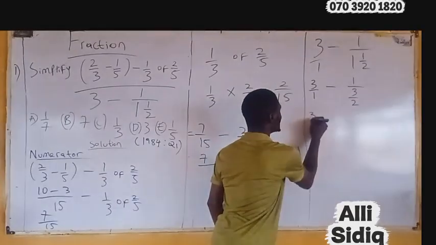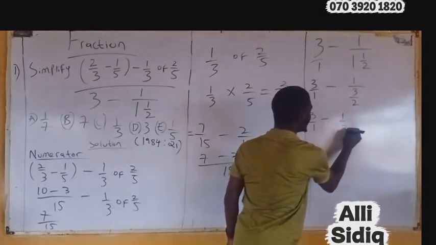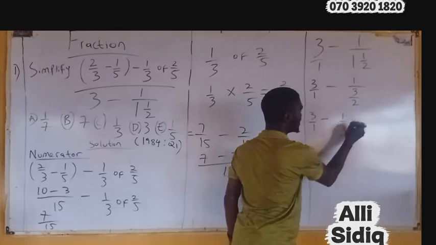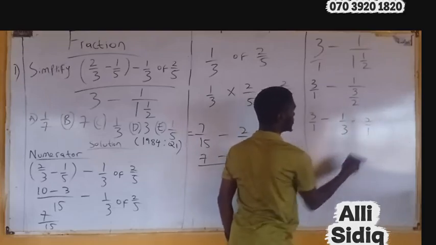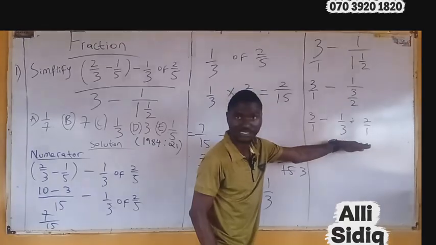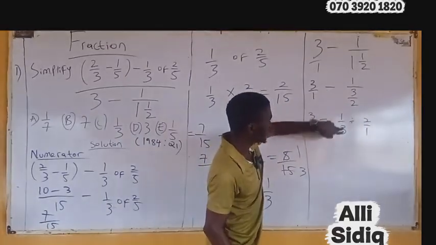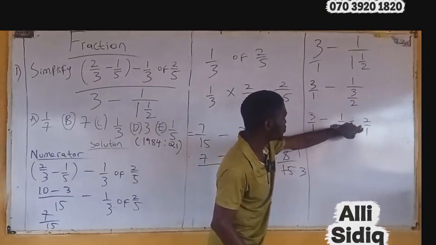What you now do, it becomes 3 over 1 minus 1 over 3 divided by 2 over 1. I'm just trying to simplify it out. I break it down to this state. 1 divided by 3, I have it here, divided by 2, I bring out my 2 over 1.